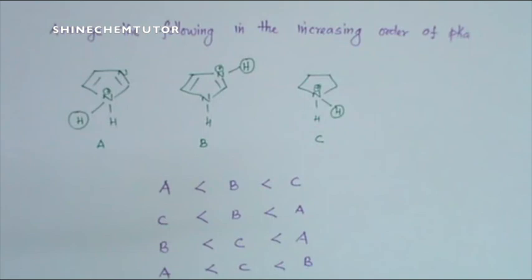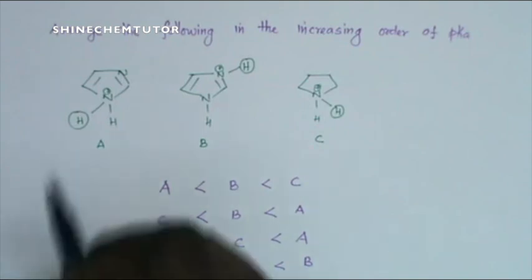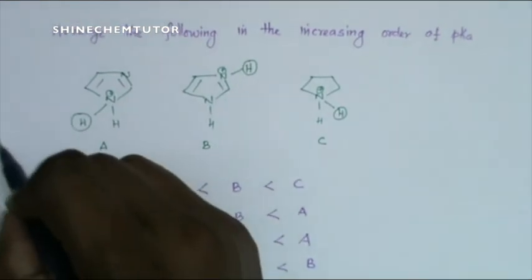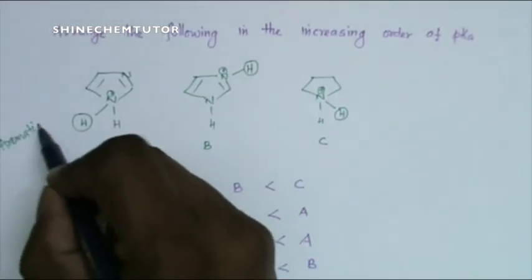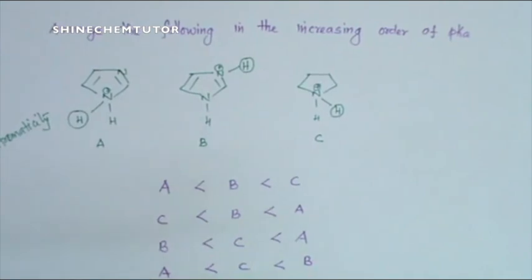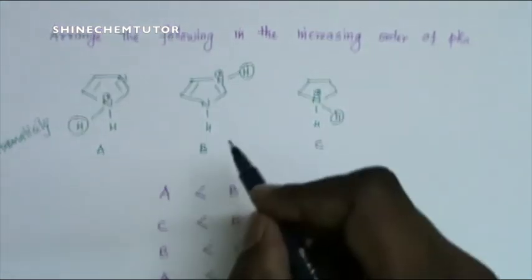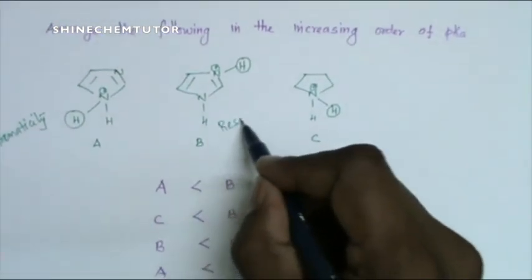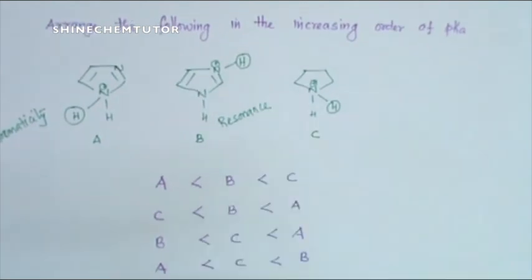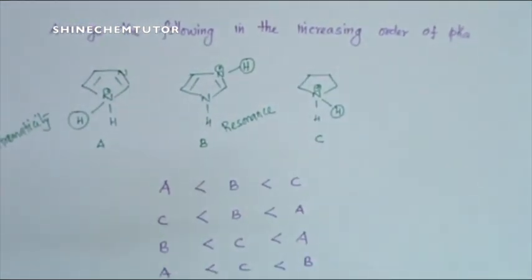Remember, acidity and pKa are inversely proportional. When you go for this, you have to use the concept of aromaticity. In this case, you have to use resonance. Using that, you can predict the answer.